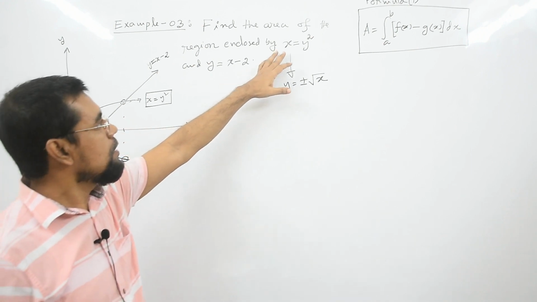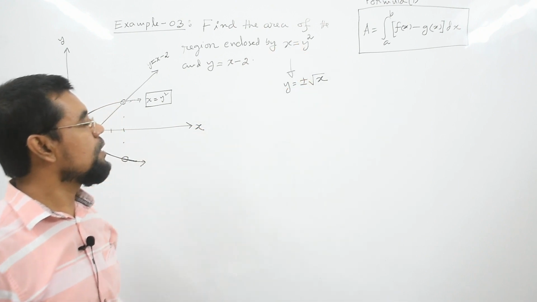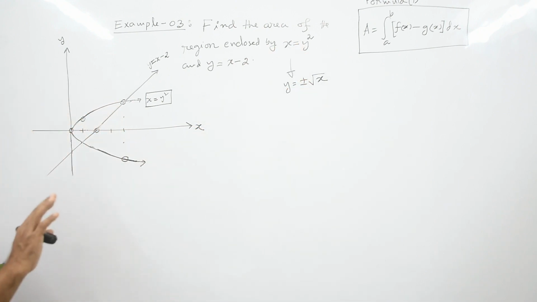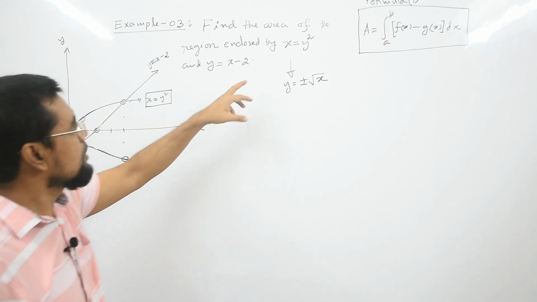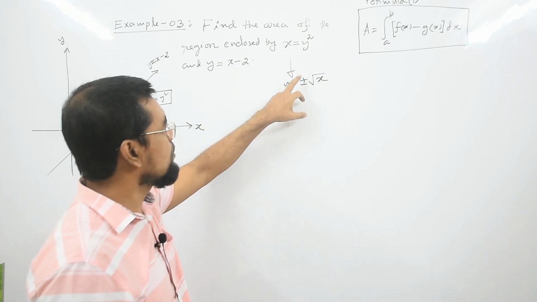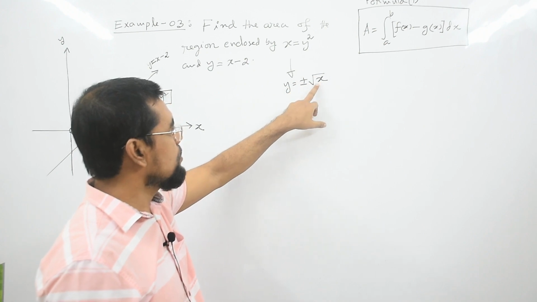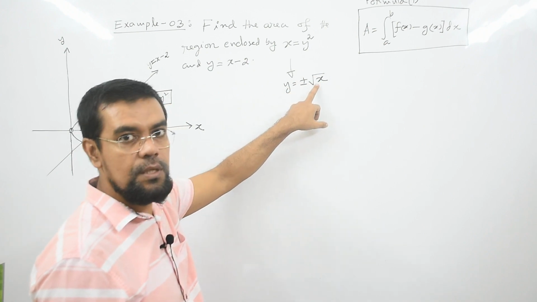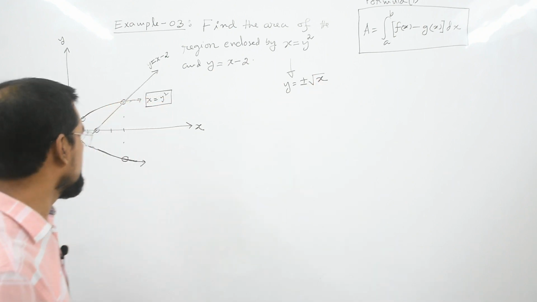First of all, we understand that x equal to y square is a parabola which opens right with its vertex at the origin. If you don't understand it, you can convert this equation into the form y equal to plus minus root x. If x equal to 0, y also 0. If x equal to 1, y equal plus minus 1.